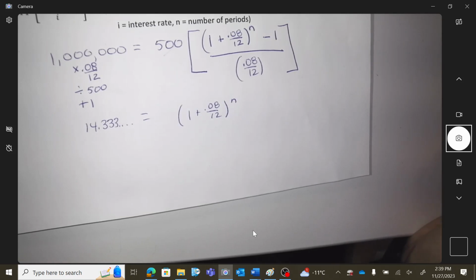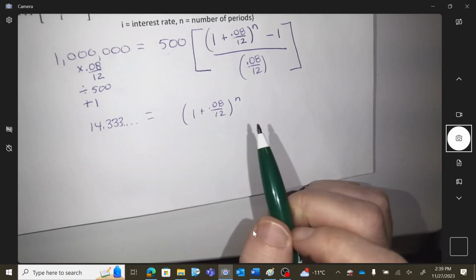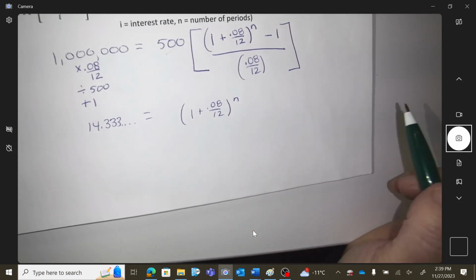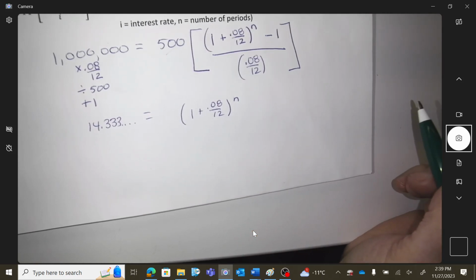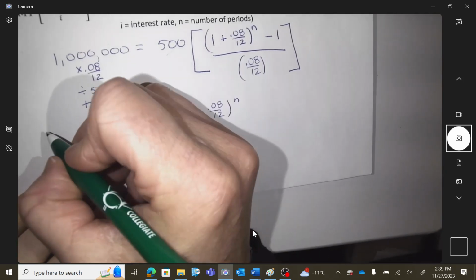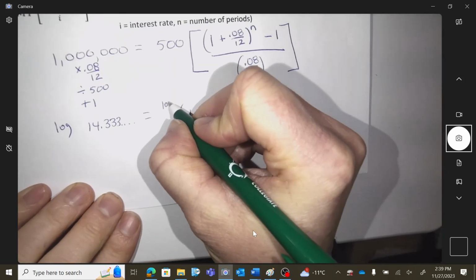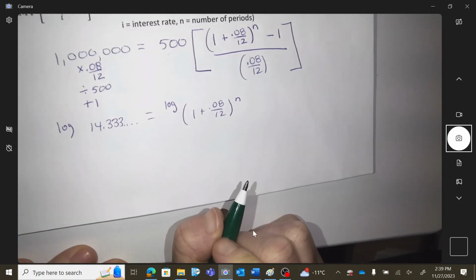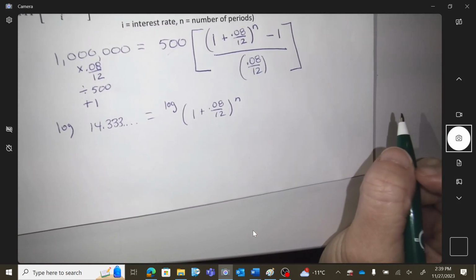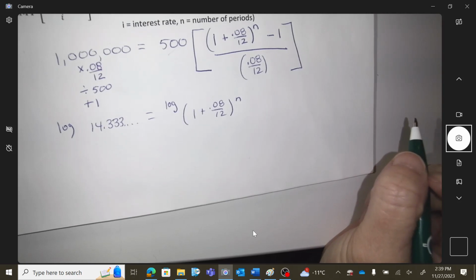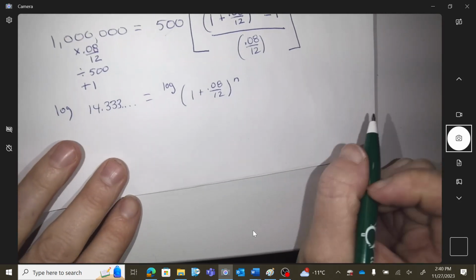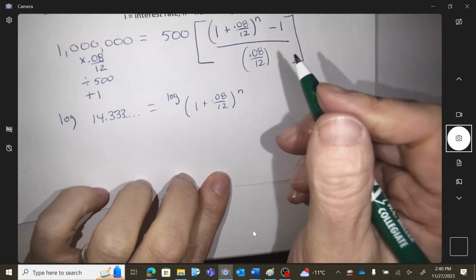Got it? Okay, what do you do when you have an exponent variable? What do you do when you have an exponential equation? How do you solve? You log both sides. Okay, and I'm logging because I'm not natural logging, I'm just logging, right? So what does that help me with?